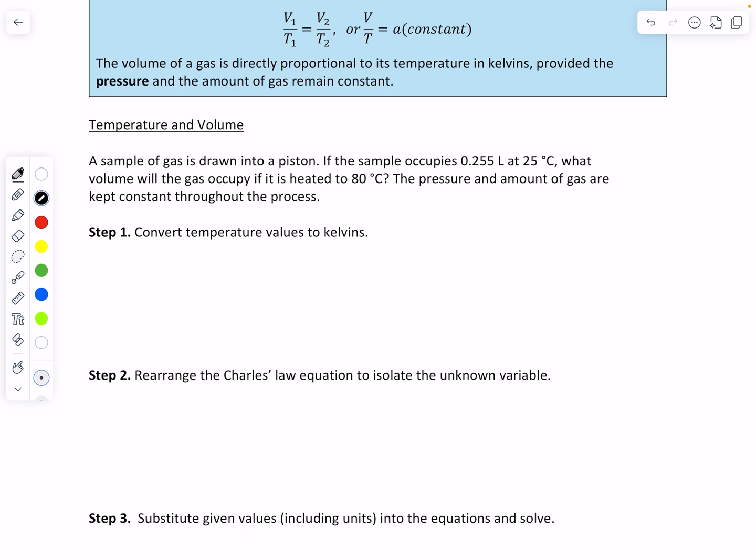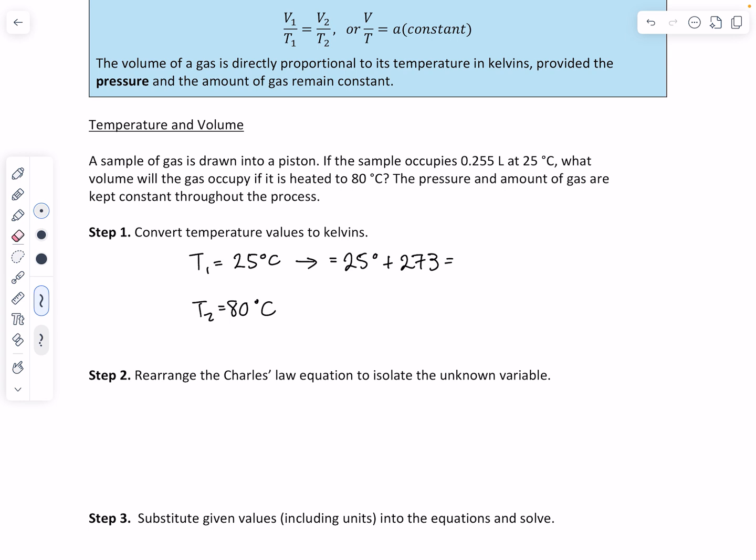Step 1. Let's convert the temperatures T1, 25 degrees Celsius, and T2, 80 degrees Celsius, into Kelvin. That equals 25 degrees plus 273.